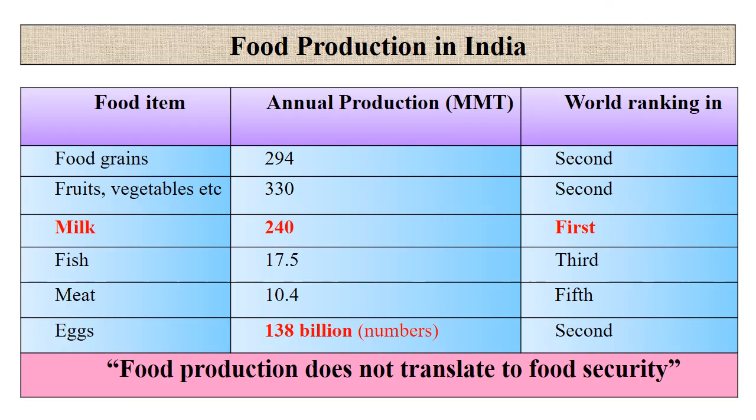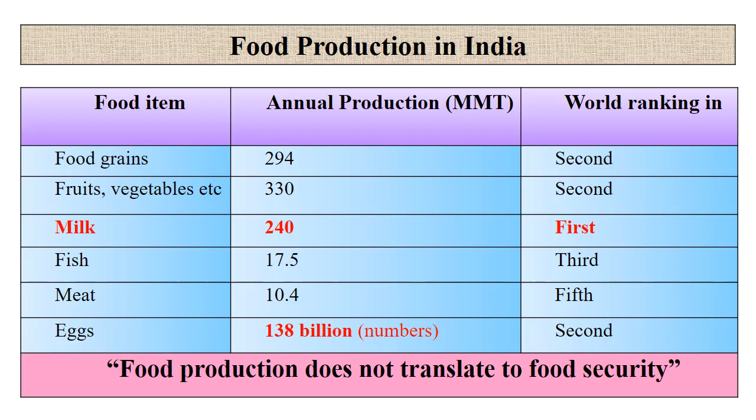Now we will see about food production in India and its availability or sufficiency. The first is food grains, including all kinds of food grains like paddy, rice, wheat, etc. This is around 300 million tons per year, the second largest in the world, and as per the Indian population it is almost sufficient for all with enough availability.